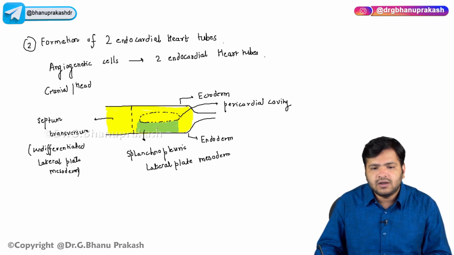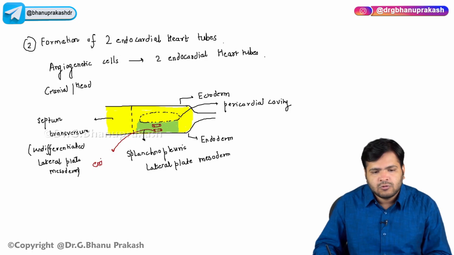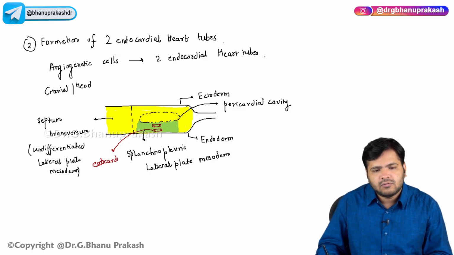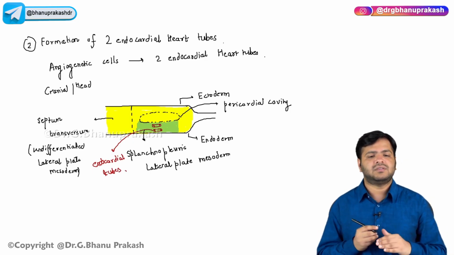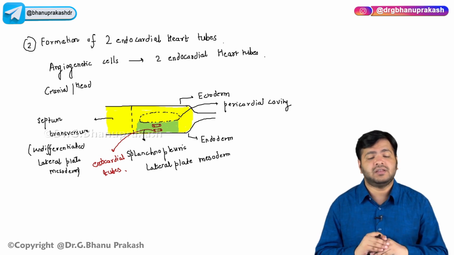Two endocardial tubes will be formed. There will be two endocardial tubes that I am showing over here. These are nothing but the endocardial tubes that will be developing in the splanchnopleuric lateral plate mesoderm.